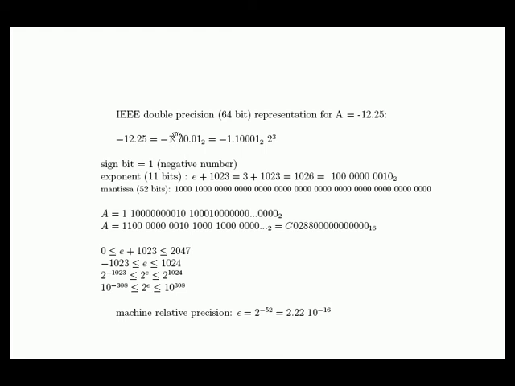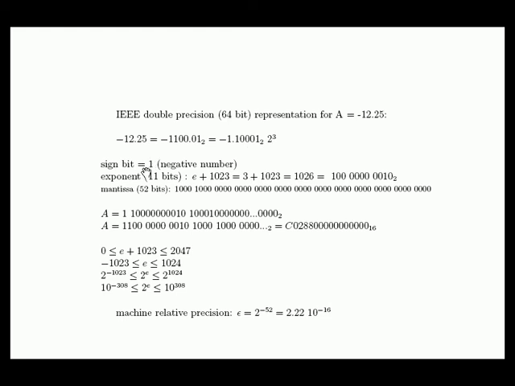So move the binary point up to there. You moved it 3 places, which means you have to multiply by 2 cubed to compensate. Made this 2 cubed smaller, so you have to multiply by 2 cubed. So this is in scientific or normalized binary notation, minus 1 point something times 2 to the something. The 3 is the exponent.